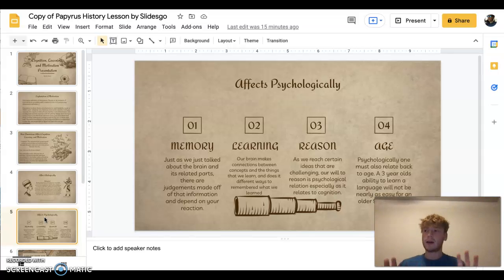That goes into cognition more: as we hit certain topics, our brain may not understand it fully, so we start to question it, and that gets us on a whole brainwave. And then there's age. Obviously, psychologically, you can't teach a 3-year-old what you would teach a 9-year-old. You can't teach a 3-year-old the whole language of Spanish as easily as you can a 9-year-old, just because of the psychological processes.